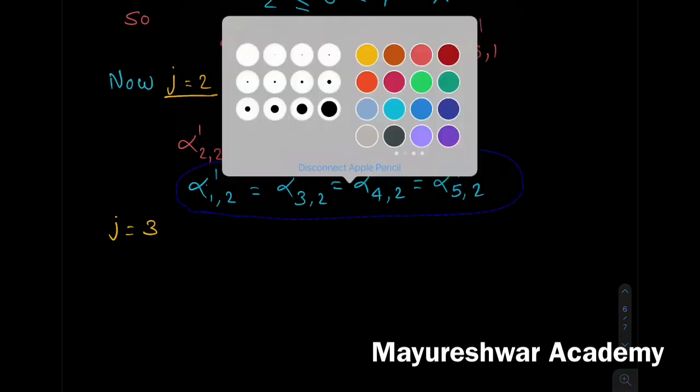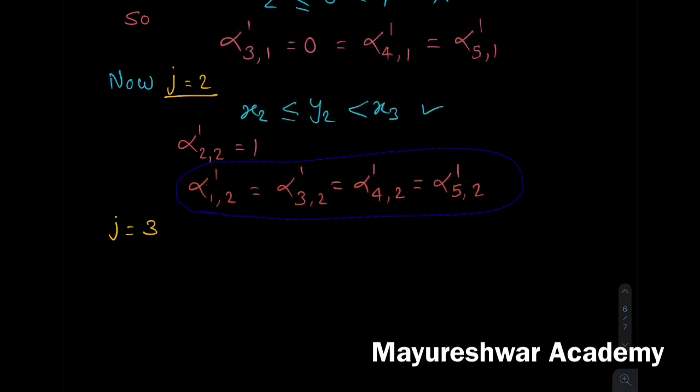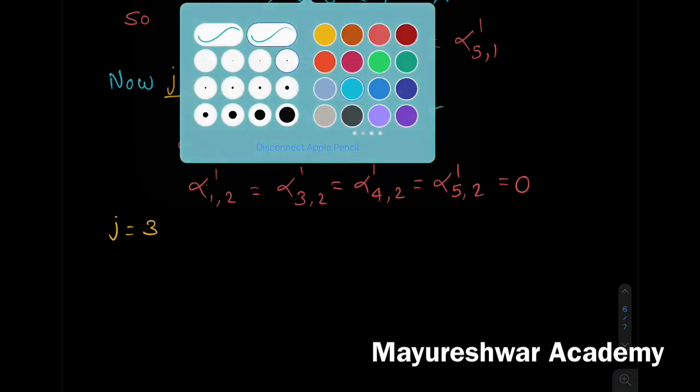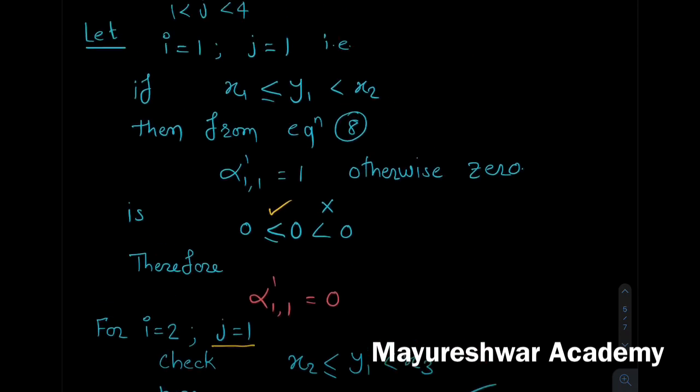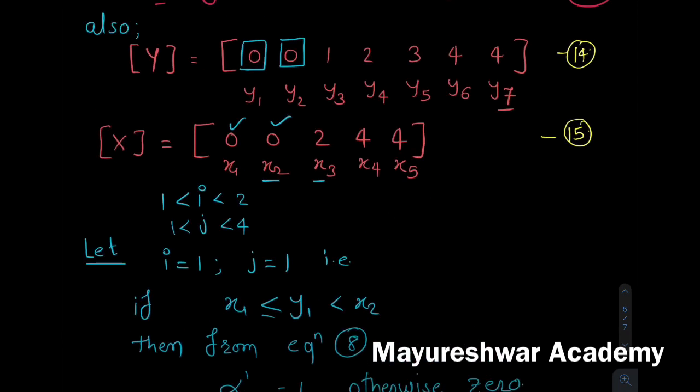Let us change this style since it's a final answer. Now for j equal to 3, we are referring to y3. Where does it belong? y3 is 1, so again it is in between x2 and x3.